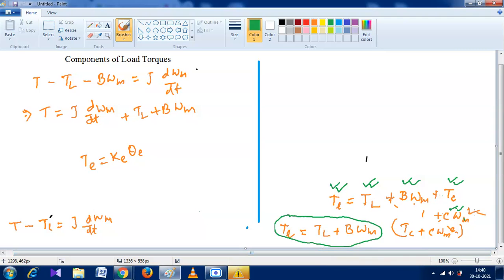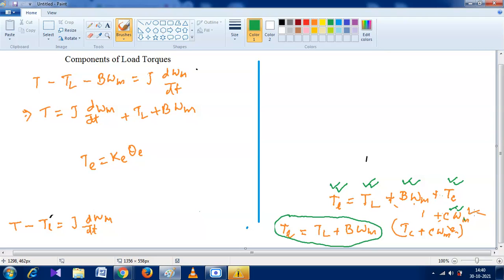The Coulomb torque part and windage torque part are very small with respect to TL, or with respect to B omega m, that is the viscous torque, which is large with respect to TC and windage torque. So neglecting the Coulomb torque and windage torque, we write small tl is equal to capital TL plus B omega m.